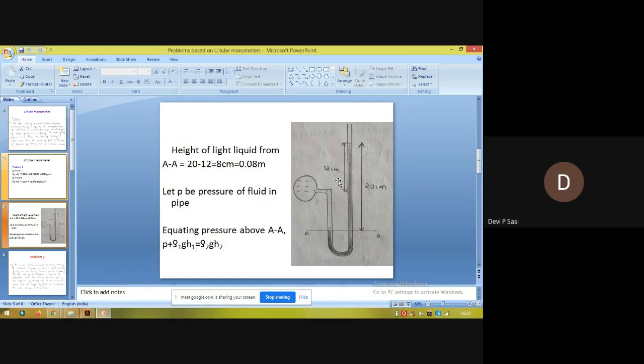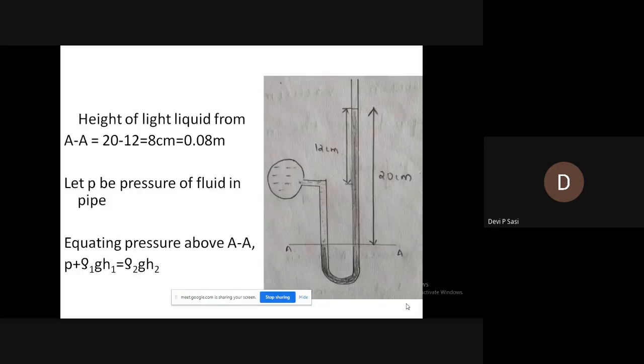We need the height of light liquid. That is equal to 8 centimeter. Let's write it in meters because we have to substitute it in meters. It becomes 0.08 meters.